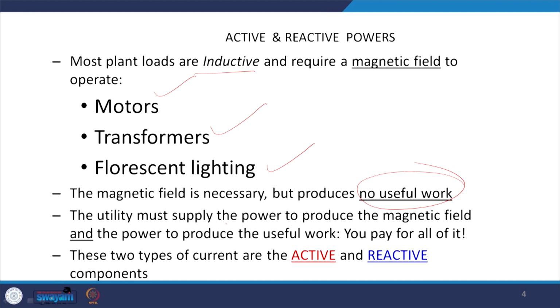The utility must supply the power to produce the magnetic field and the power to produce the useful work, and you pay for it all. So, you require to pay for both. This type of current has active and reactive components.